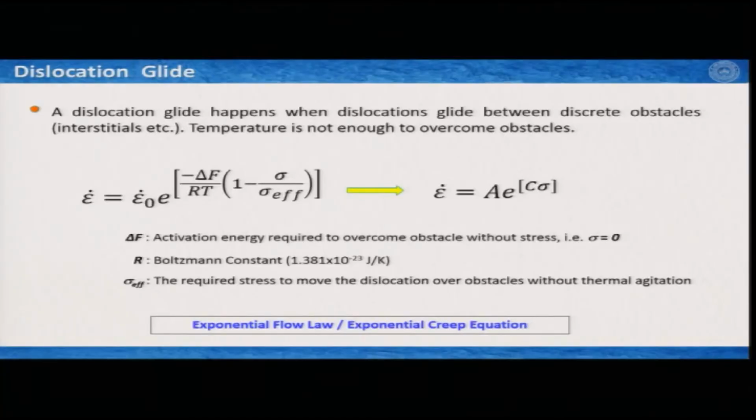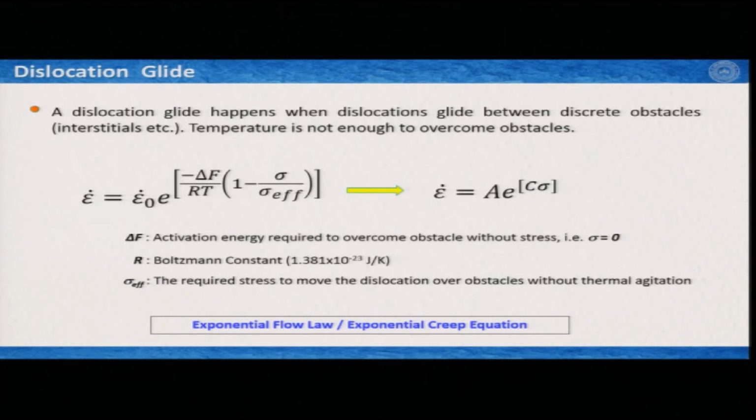Now, we will see very briefly the fundamental equations for dislocation glide and dislocation climb. I am not going to show you the derivations, nor do I ask you to perform them, but if you want, you certainly can. There are some books, also online materials.